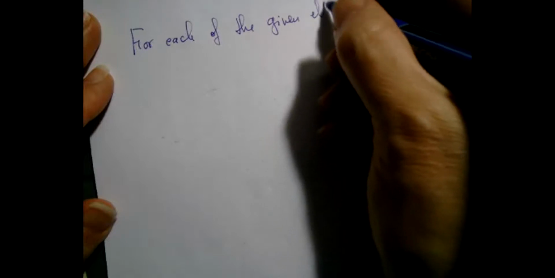All right, so let me take examples. The question is, for each of the given ellipses, it means I'm going to give you an equation that represents an ellipse.